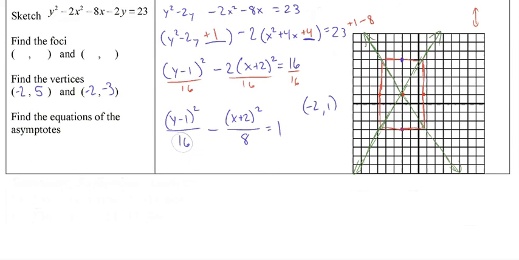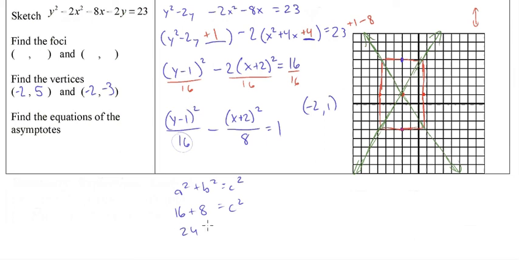So where are our foci going to be? Well, a squared plus b squared equals c squared. Our a and b are 16 plus 8 respectively, equals c squared. Again, those are the two shorter pieces, the distance from the center to the vertex and the distance from the center to the would-be vertex, and our foci are going to be along the axis of the positive fraction, so along the y here.